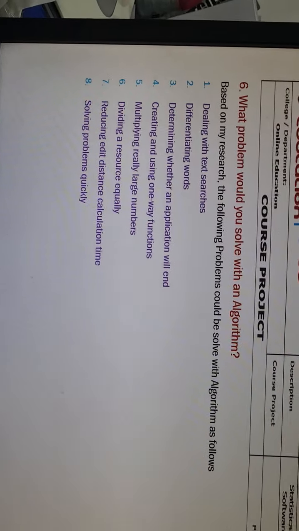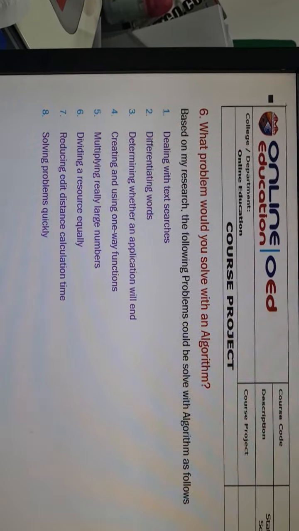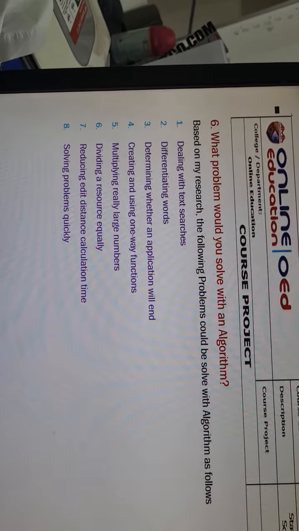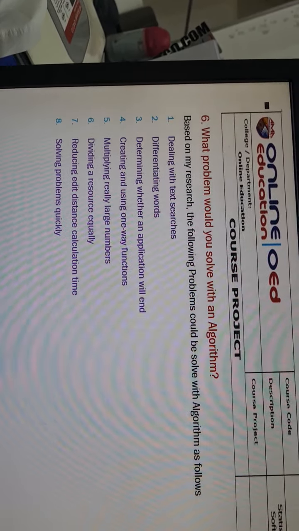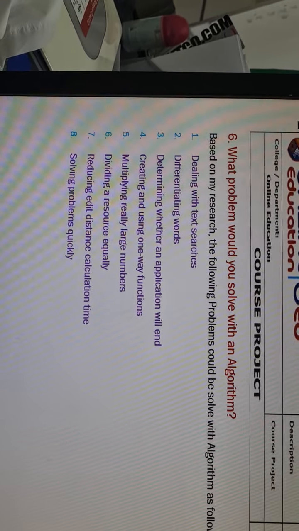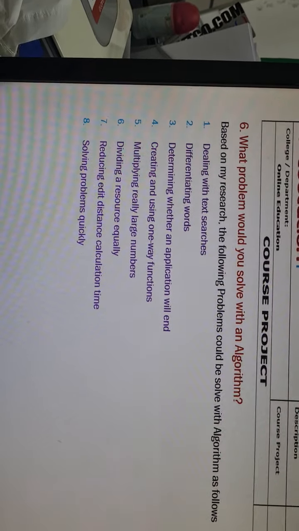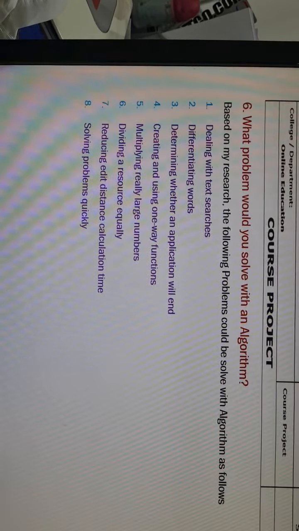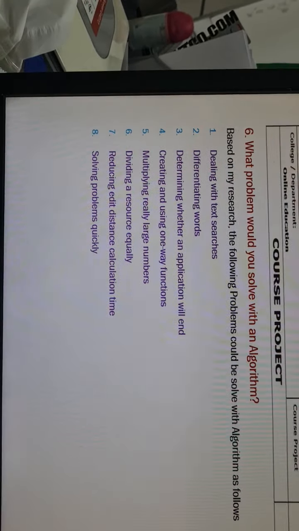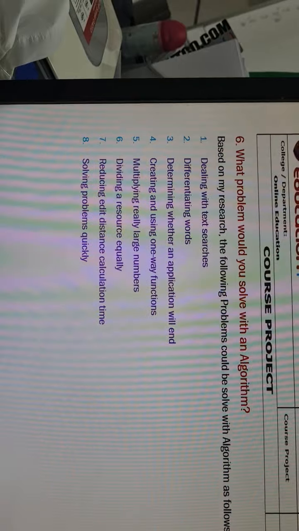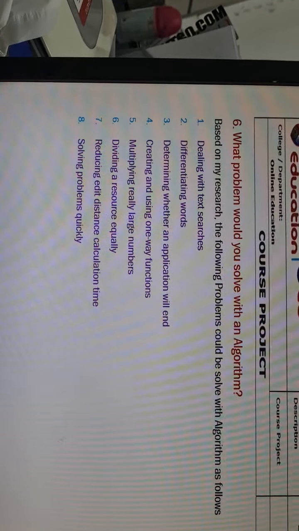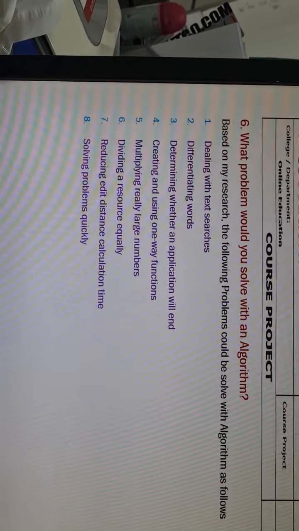Next, what problem would you solve with an algorithm? There are lots of categories that algorithms can solve, but based on my research, the following problems could be solved with algorithms: dealing with text searches, differentiating words, determining whether an application will end, creating and using one-way functions, multiplying really large numbers, dividing a resource equally, reducing edit distance, reducing calculation time, and solving problems quickly.